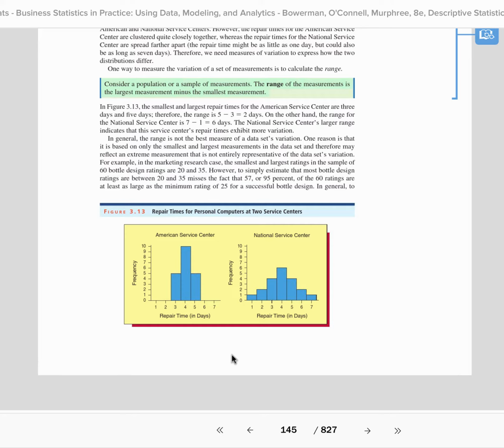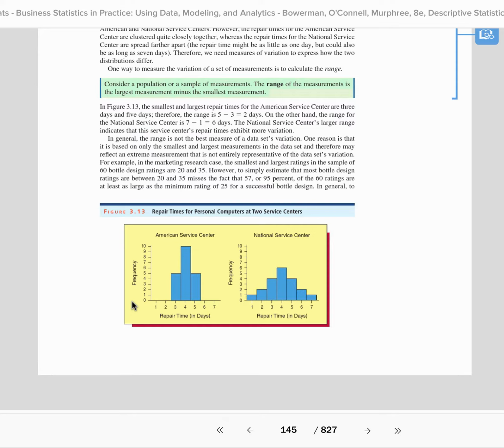However, when you plot the histogram, as you can see, we have a totally different type of distribution. To be able to realize what the differences are in this data, we need to look at the variation of this data. And one measurement is called the range.